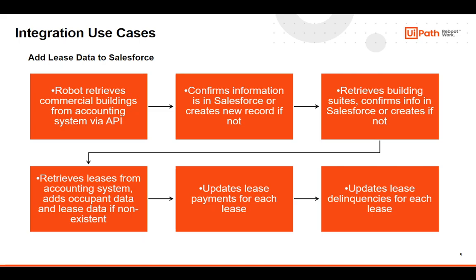Correct. Like I said, if we had to have somebody go in and try to do this manually, it would be very error-prone because of the number of tables they need to look through, the number of screens they need to click through, all the data they need to verify, and then finally inputting that data.